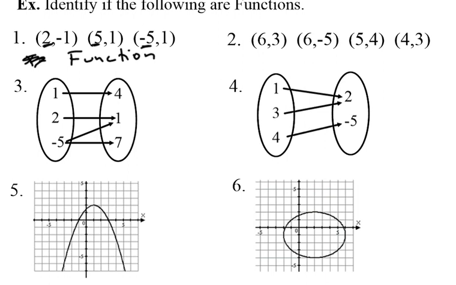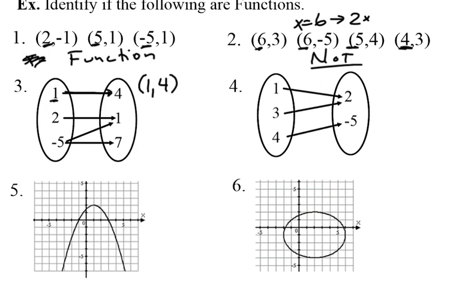Number 2, we have x equal to 6, 5, and 4. X equals 6, 2 times. So it's not a function. Now, 3 and 4 arrow diagrams, personally, I find it a little tricky to work with arrow diagrams. I prefer ordered pairs.